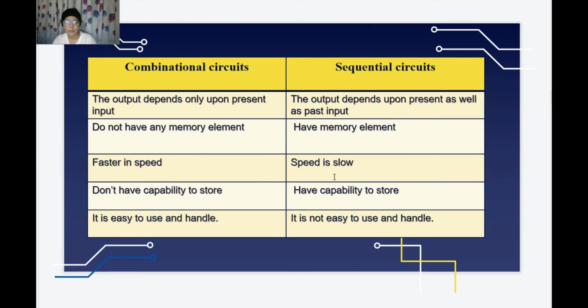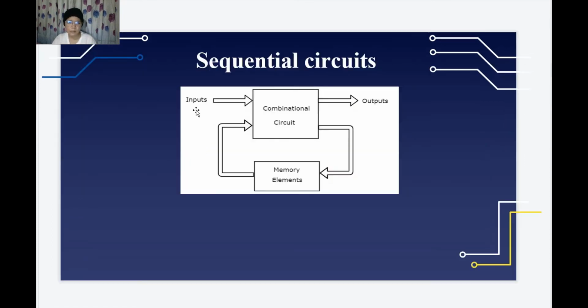In sequential it is slow because it depends on the present input and the previous input to generate output. That's why it's slower than combinational circuit.